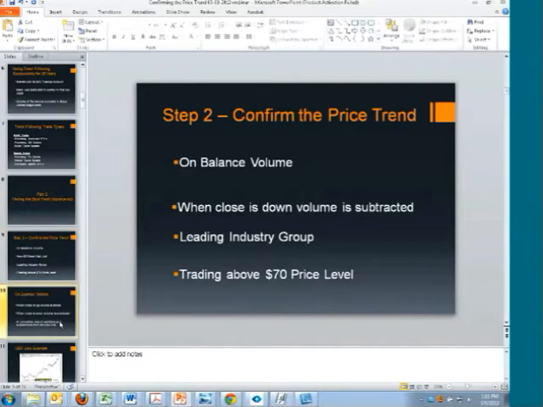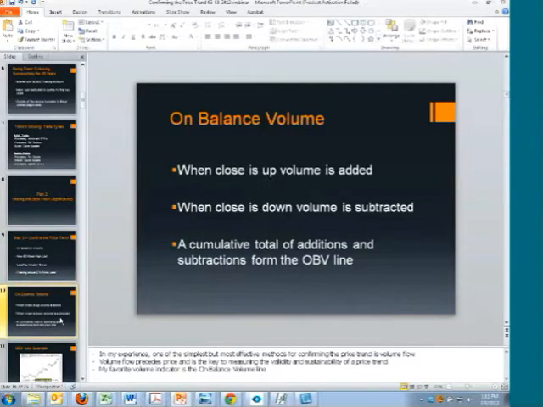So let's take a look at on-balance volume as a trend confirmation indicator. And the way the on-balance volume line is calculated is on a day when a stock closes up, the volume for that day is added. And when a stock closes down, the volume for that day is subtracted.